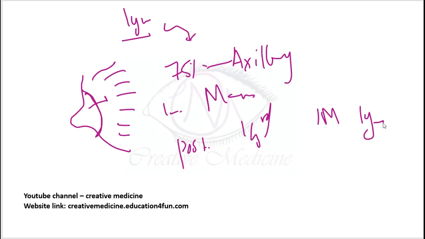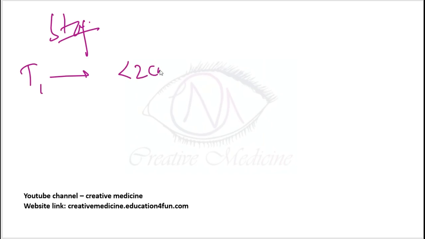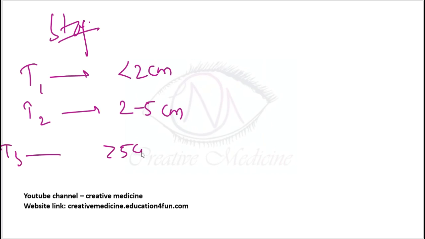Now let us learn about the staging. In the staging, T1 is carcinoma less than 2 centimeters. T2 is 2 to 5 centimeters. T3 is more than 5 centimeters.